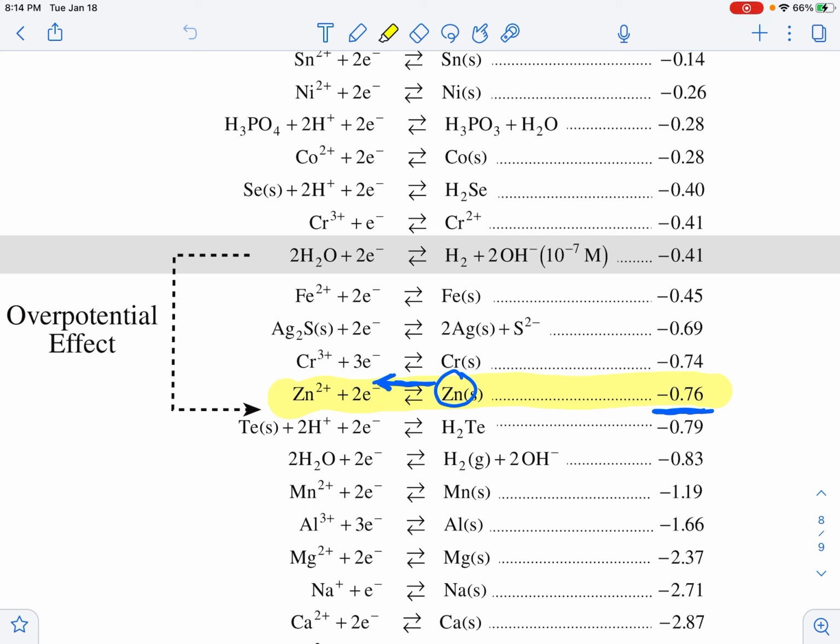Typically, and this should match some of your logic from what you've learned, you started learning it in Science 9, I think: metals have a tendency to lose electrons and form positive ions, right? So elemental metals like to oxidize. Elemental nonmetals like to gain electrons and form negative ions.